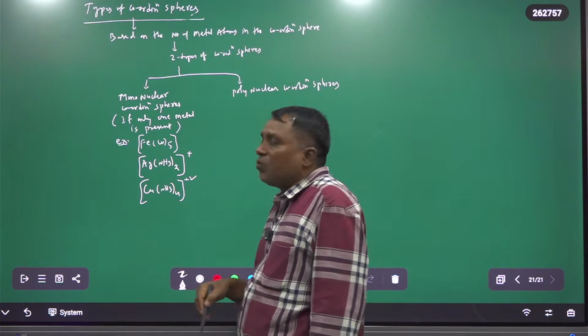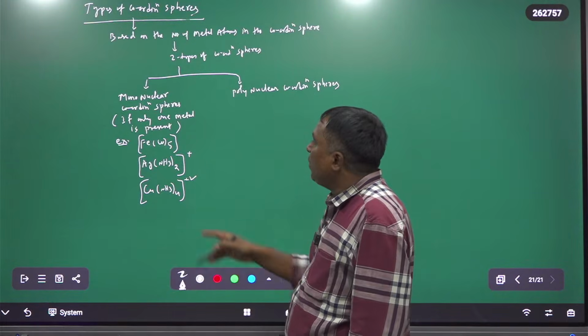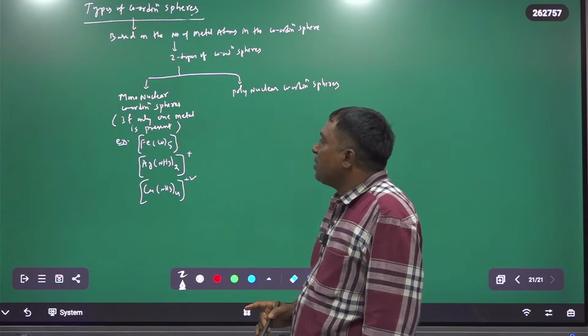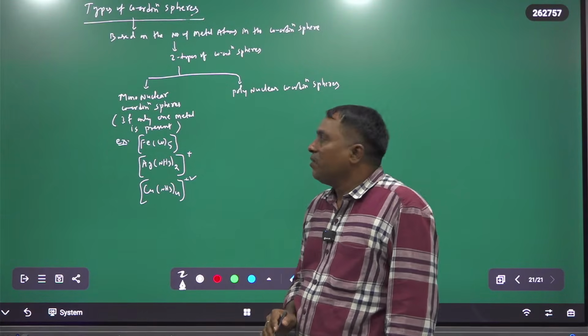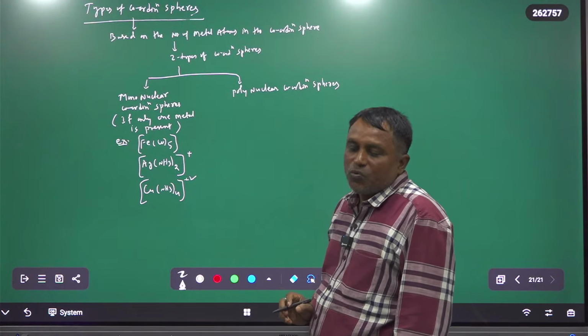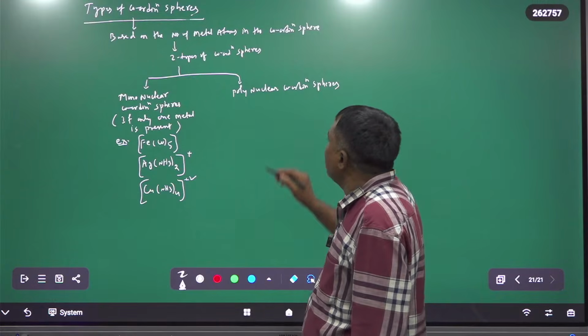All these compounds have how many metal atoms? Only one metal atom. If only one metal atom is present in the complex, then such compounds are mononuclear coordination spheres.